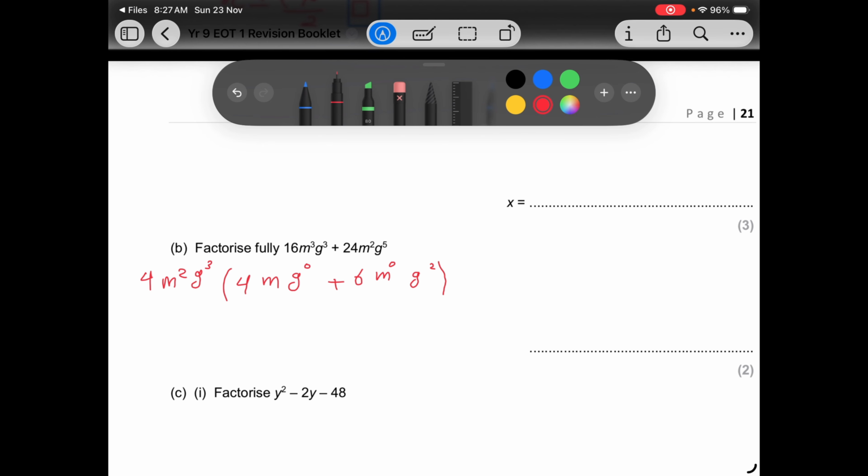Of 2. And here guys, taking in consideration that m and g, none of them is 0, so you can simply remove this from the scene.